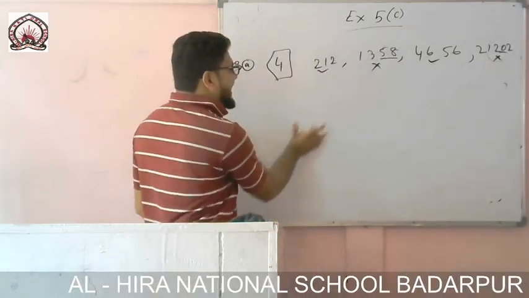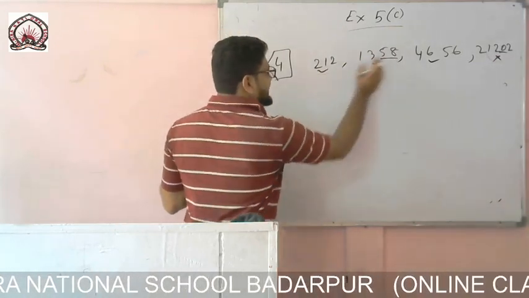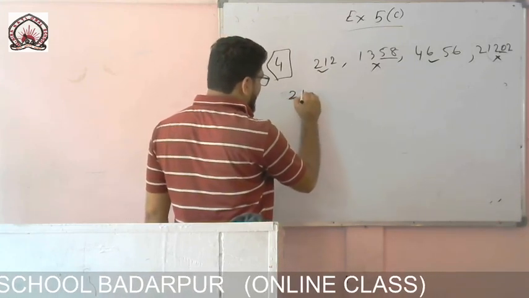So for this one I am writing, and for the next you write. One I am writing, you write the same way. So 212.